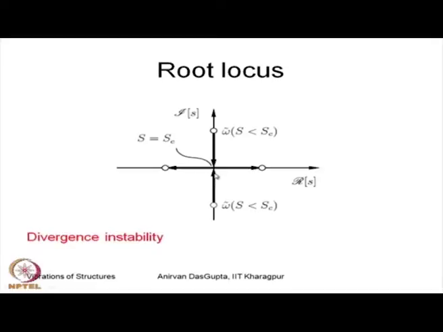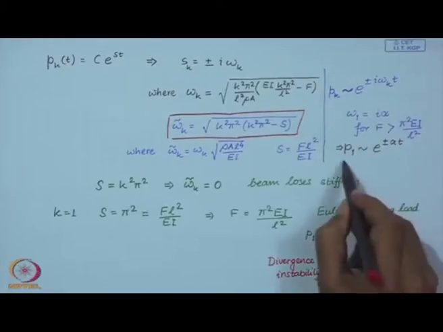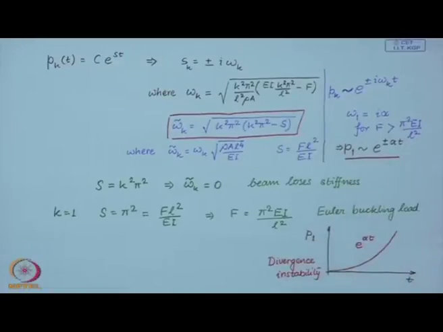Here, as we have seen, we have this plus minus alpha. Now, there is this root on the positive side which is going to lead to instability. That is what we look at in the solution.